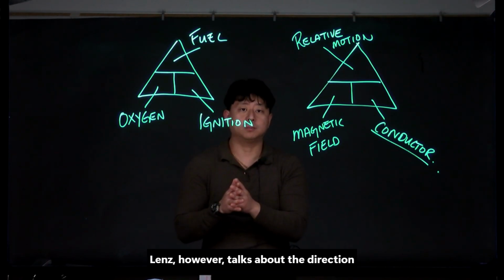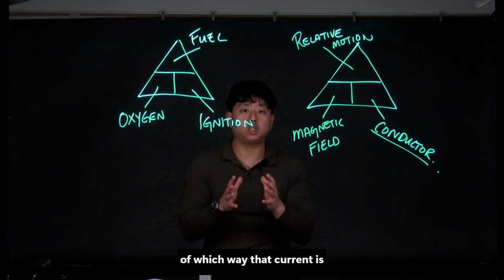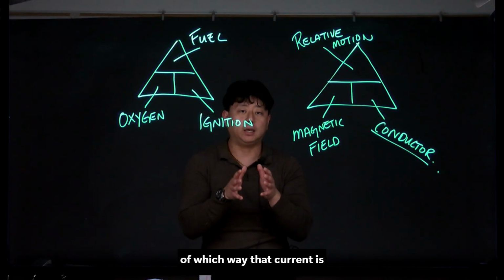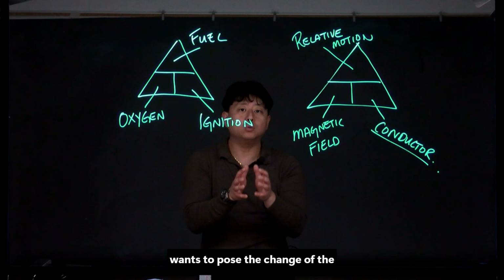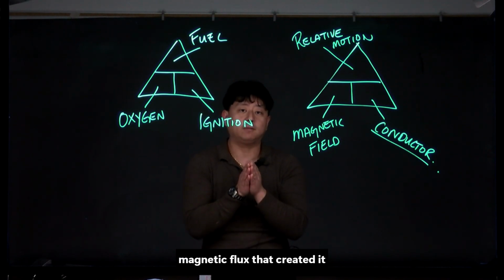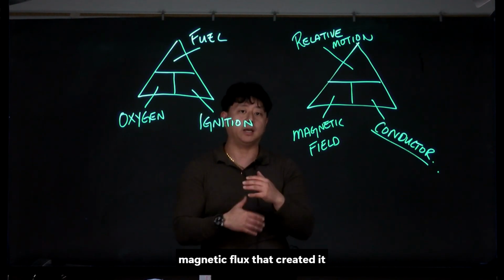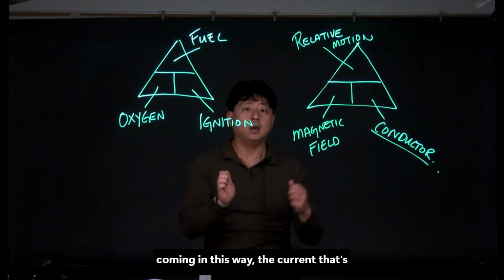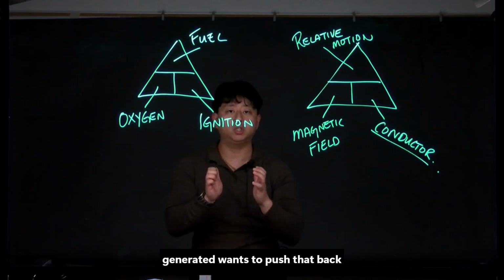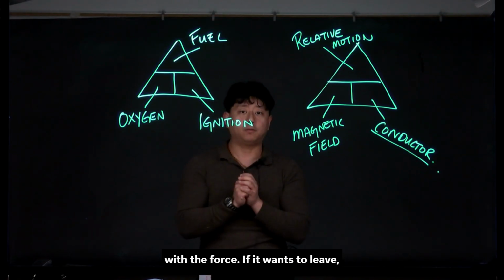Lenz, however, talks about the direction of which way that current is going to flow, right? It says that it wants to oppose the change of the magnetic flux that created it or produced it. So if the magnetic flux is coming in this way, the current that's generated wants to push that back with force, all right?